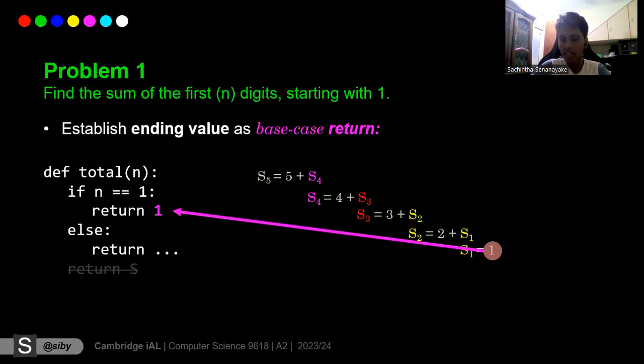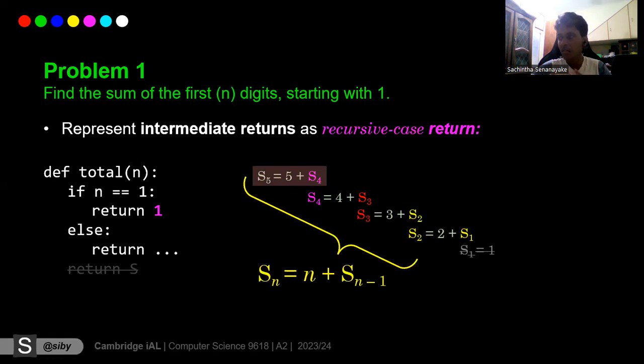Now, it's the nature of this problem that results in both the base case and the ending value having a 1. But there are, of course, plenty more problems that have a different base case than the ending value. So don't get confused just because they are both 1s. Don't assume that they are both going to be the same. The ending value is what happens when the base case is reached. In this case, it would be 1. So I return 1 under the base case if condition.